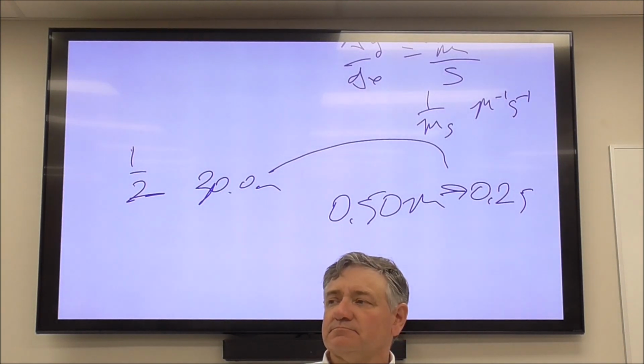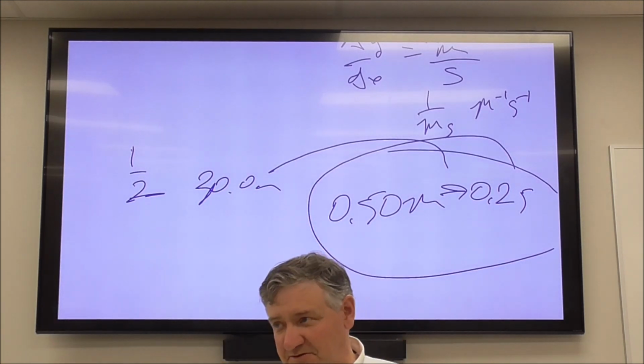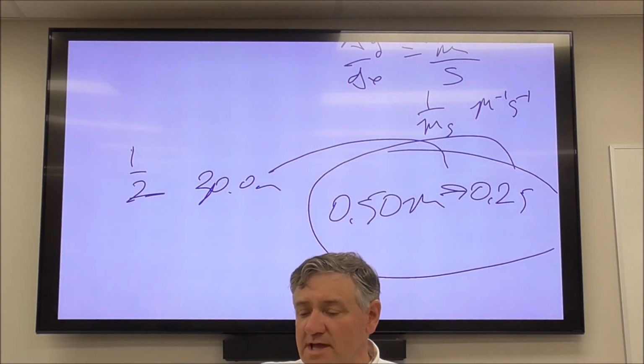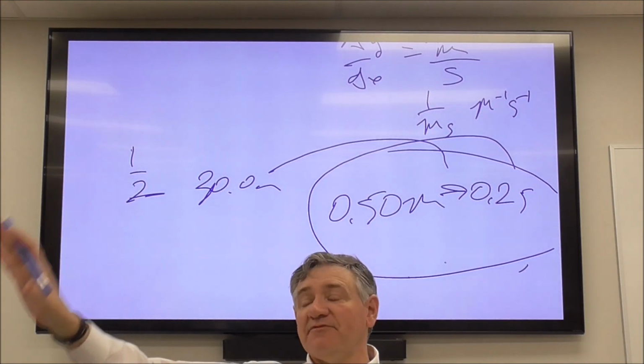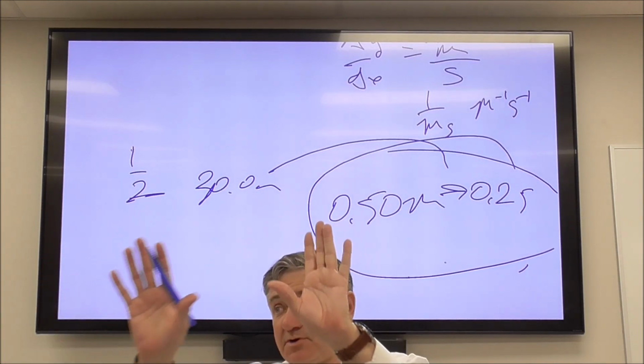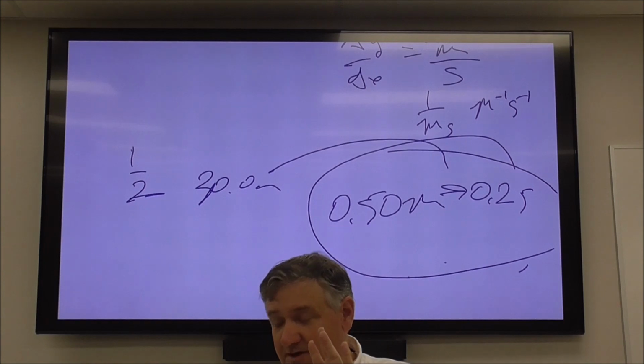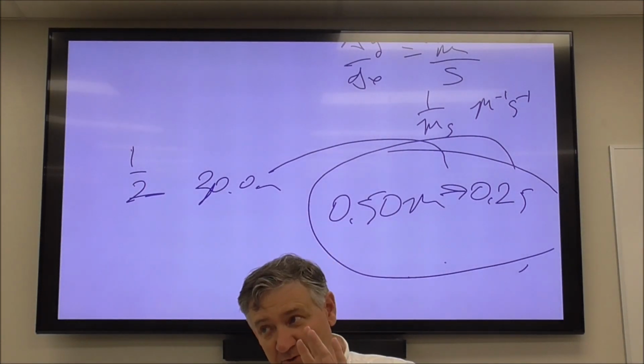But I thought earlier when you were showing us the graphs, the concentrations decreased at a linear rate. Here's the deal. When you look at your half-lives, some of them are dependent upon initial concentrations and some of them aren't. We'll get into that. Hold that thought for tomorrow.